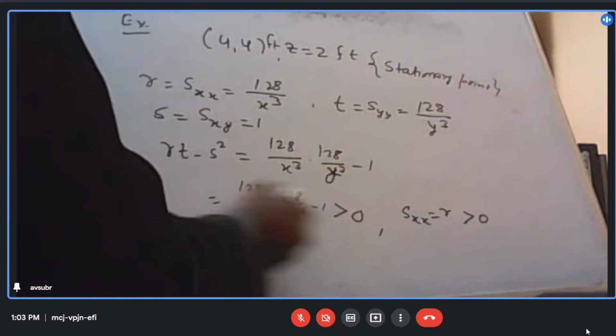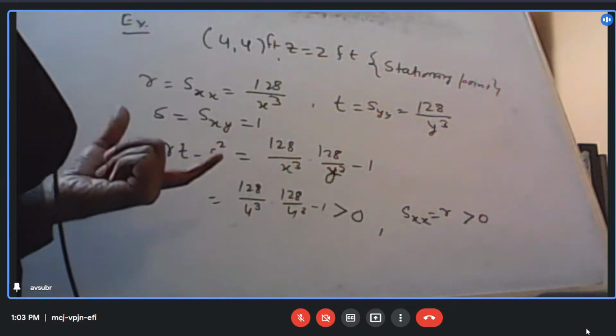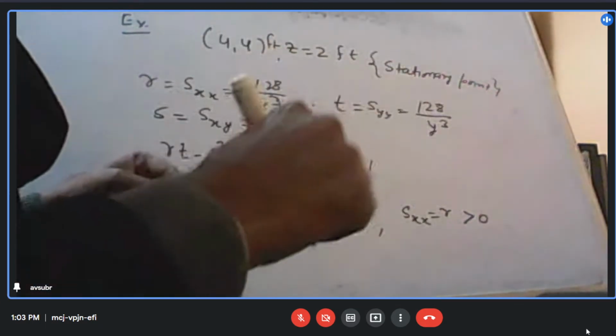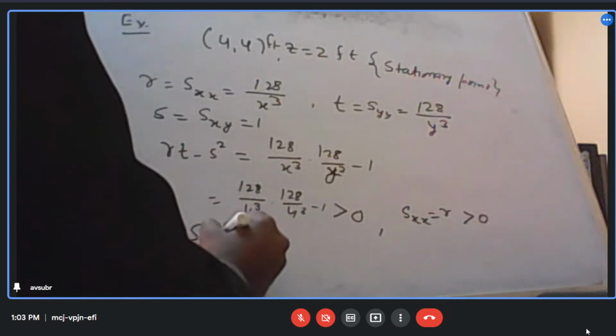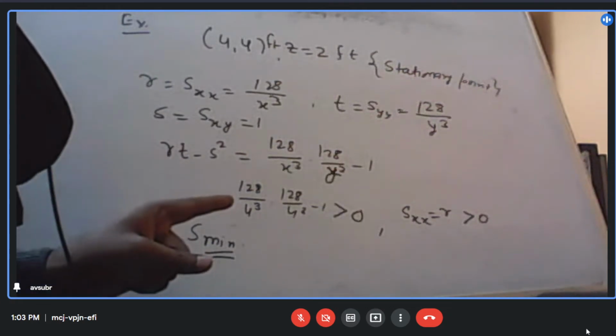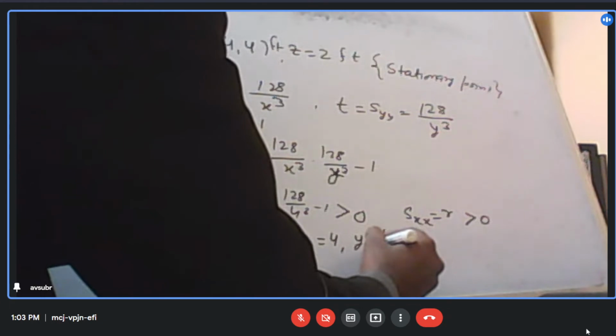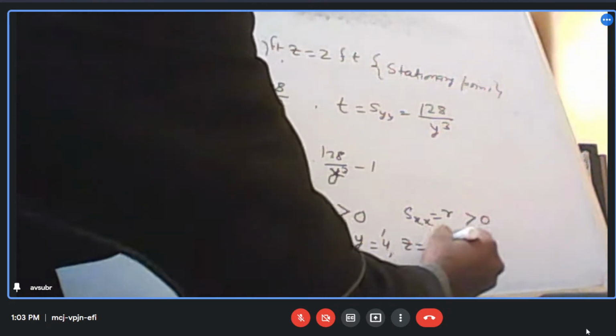So both are greater than 0. It means the functional value will be minimum. The area will be minimum. So for what dimensions will this be minimum? x equal to 4, y equal to 4, z equal to 2.